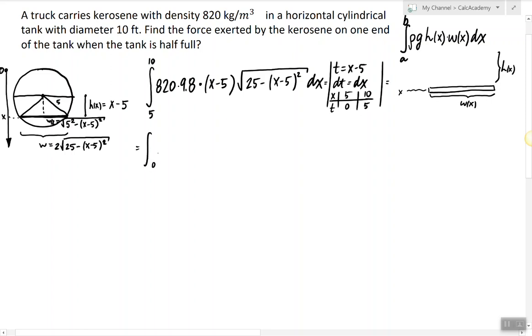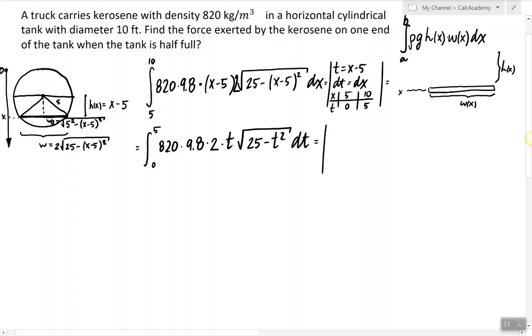So the integral is now from 0 to 5, 820 times 9.8. Here I'm missing a factor of 2. Now instead of x minus 5 we put t, and instead of the radical we put the square root of 25 minus t squared, dt.